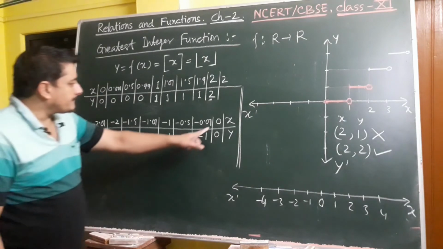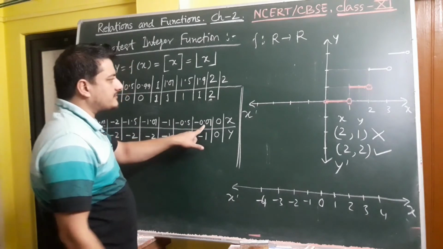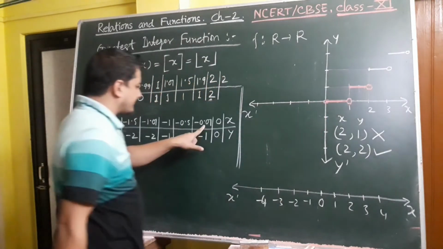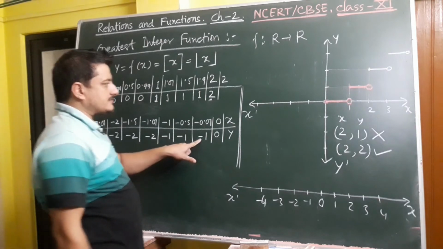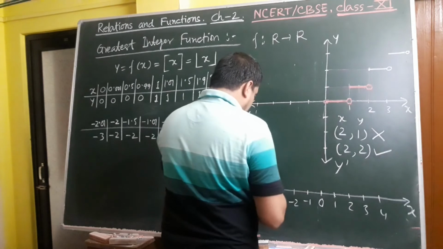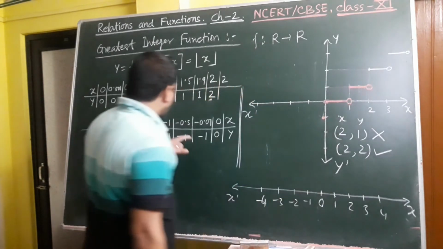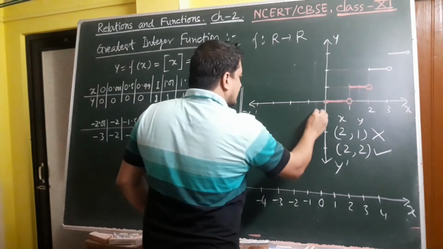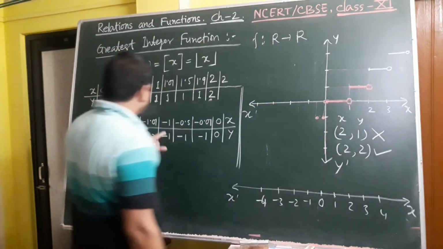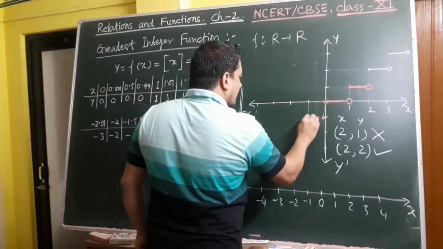Now you see at 0, it is 0. If you slightly move towards the left of 0, it drops to minus 1. So this is the point that we have got. Then at minus 0.5 also it is minus 1, and at minus 1 also it is minus 1.